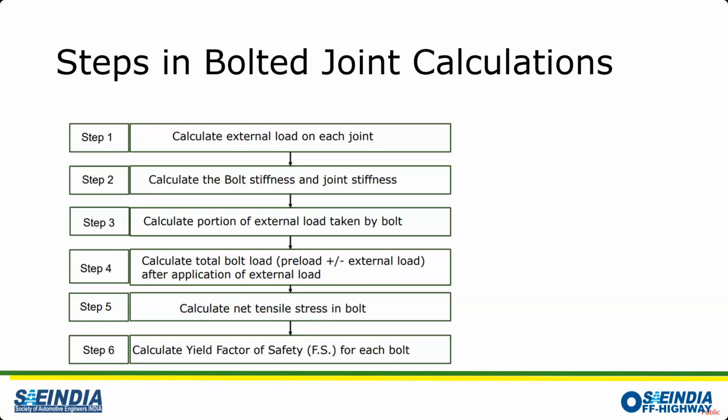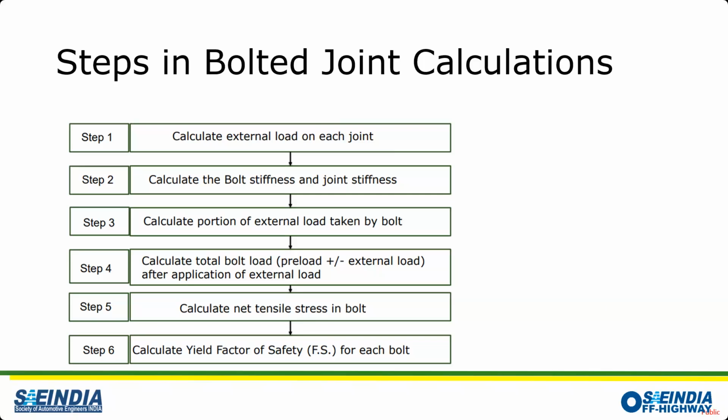Then you need to calculate the portion of the external load taken by the bolt, and then in the fourth step you need to consider the preload which is getting generated while torquing the bolt, and you need to calculate that, and that will be used in the fifth step, for comparing with the yield strength.